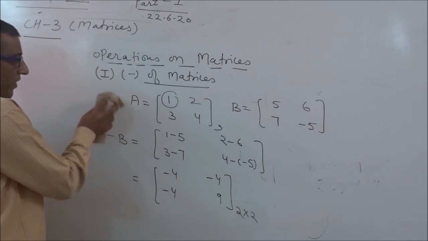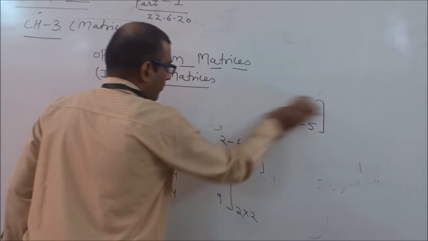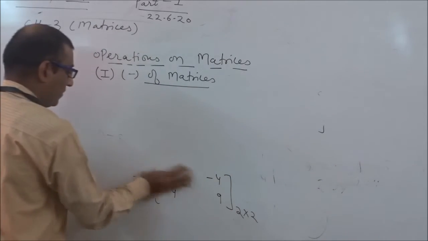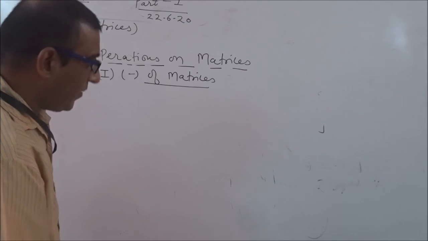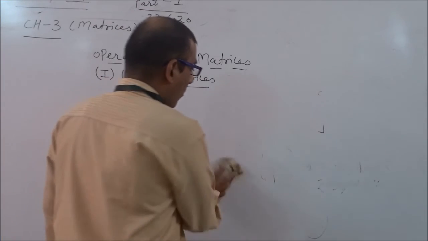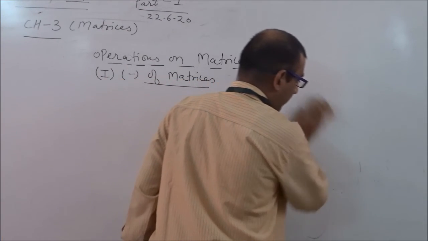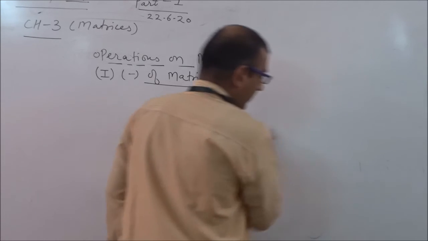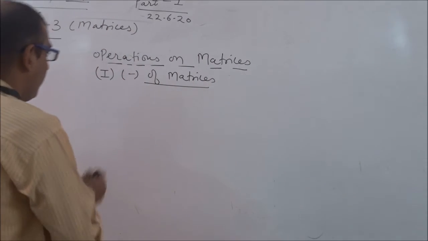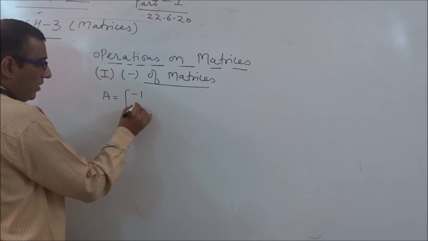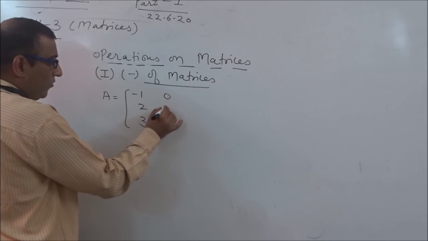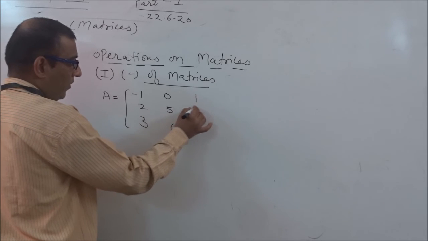Now we are taking one more example related to subtraction of matrices. This time I am taking an example of order 3 by 3. So how can we solve subtraction of matrices when 3 by 3 matrices are given to us? For example, we take two matrices, A is [-1 2 3; 0 5 6; 1 7 9].